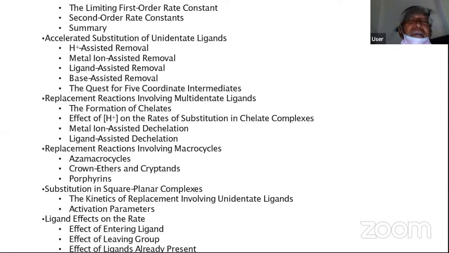Okay, I just want to show, I don't want to discuss all these aspects. There are many aspects of reaction, okay? When you start doing research on substitution reactions, the new ligand has an effect, the solvent has an effect, the outgoing ligand also plays an important role.